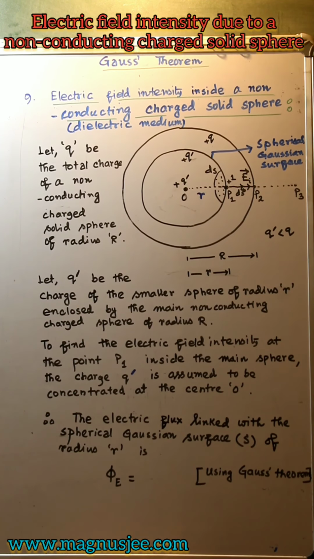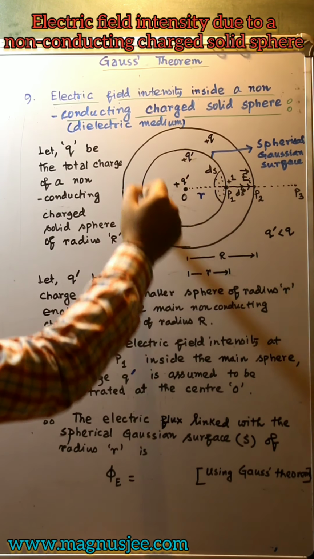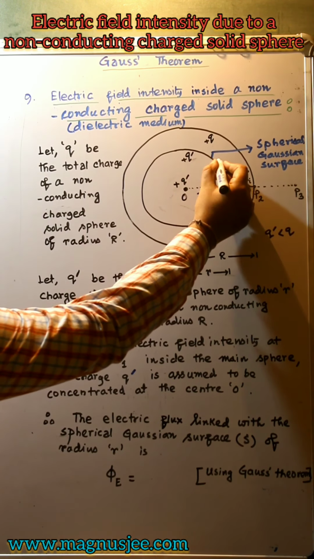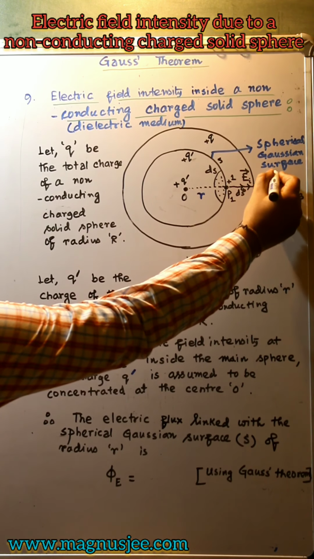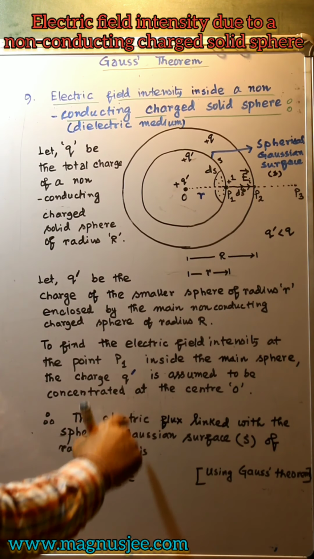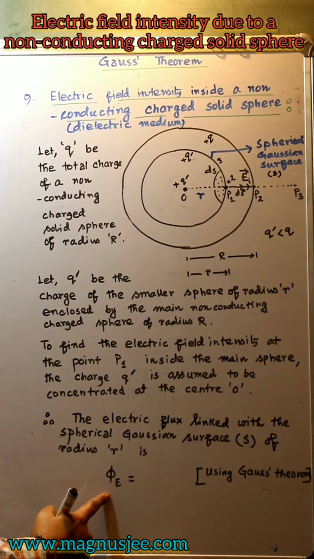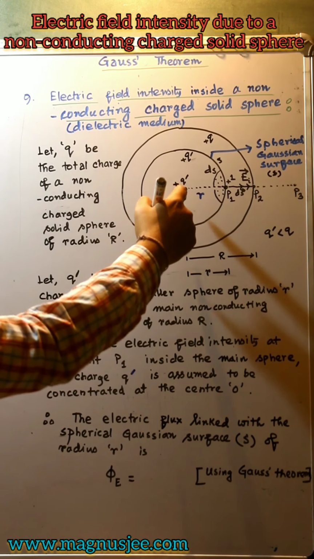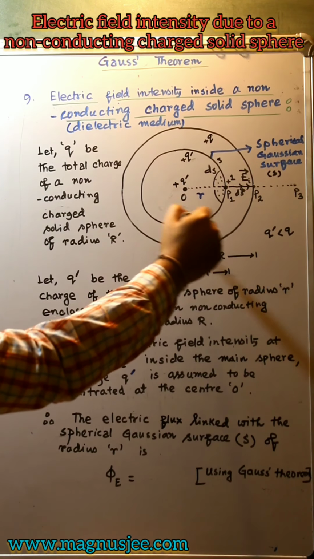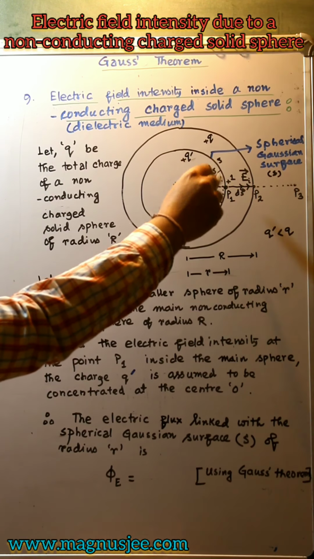Therefore, the electric flux linked with the spherical Gaussian surface S of radius r is given by phi e. Electric flux means the number of field lines passing through this imaginary spherical surface.